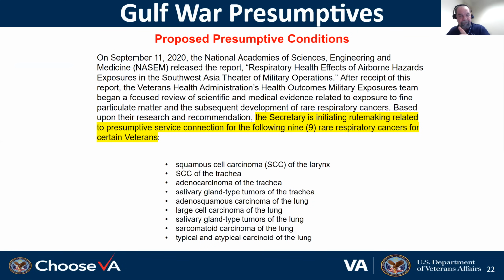And if you remember, in the President's State of the Union address, he began to address some of those conditions that we needed to take a good, long, hard look at. So this is in the pipeline in terms of new presumptive conditions that we believe will be included in the Gulf War presumptives. If we go to the next slide.